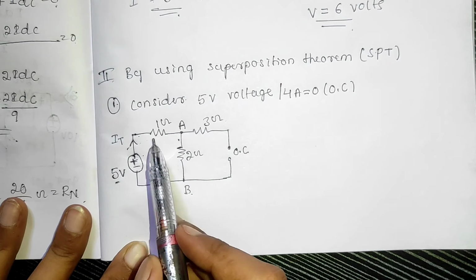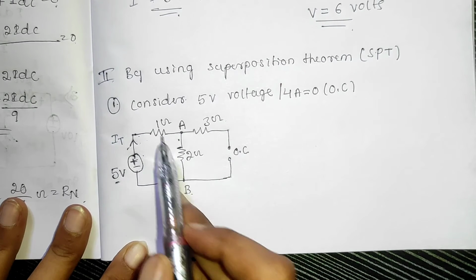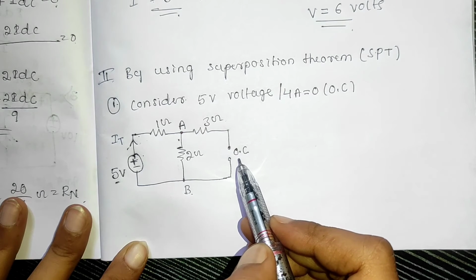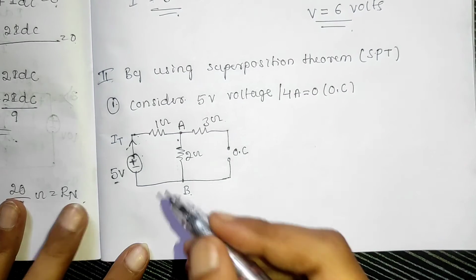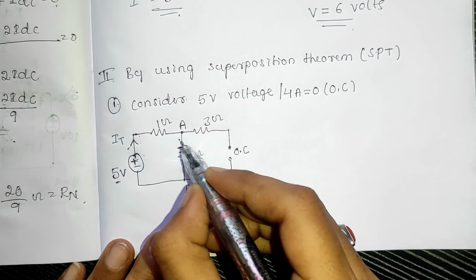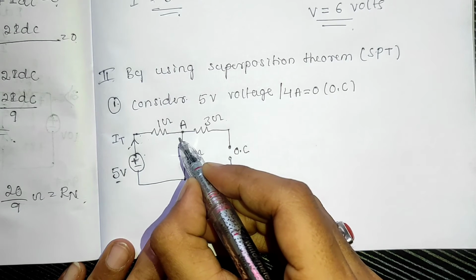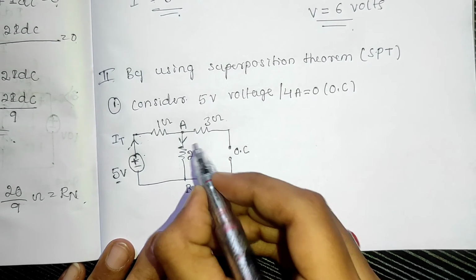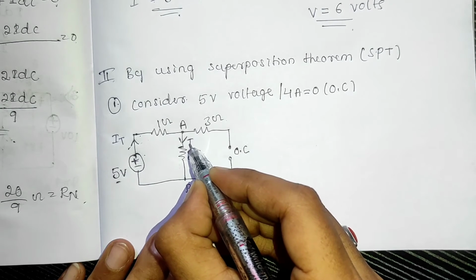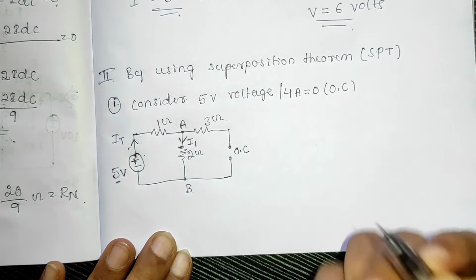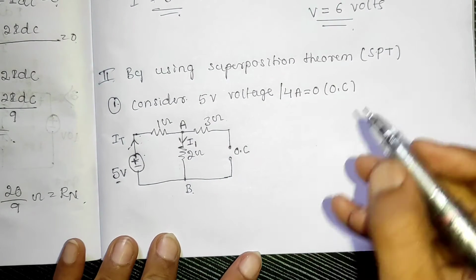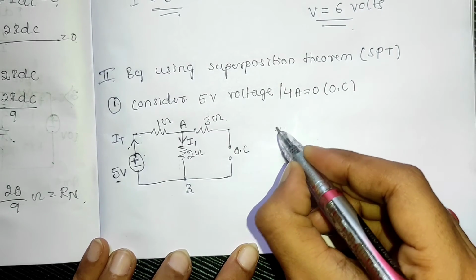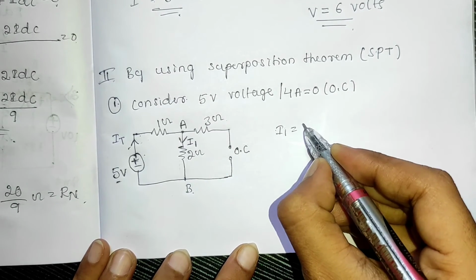It means, see here, these two resistors are connected in series. We have to ignore this resistor because the circuit is open here. Okay. So now the current direction in the 2 ohm resistor is from A to B, right? Here I will take it as I1 current. So I1 current is equal to the total current, right?